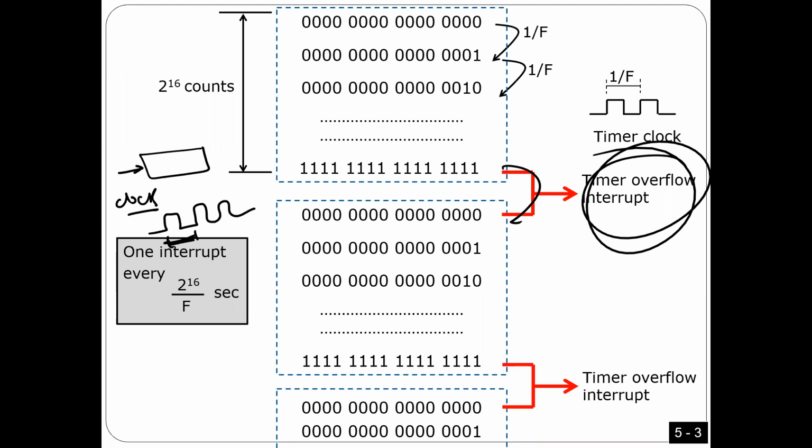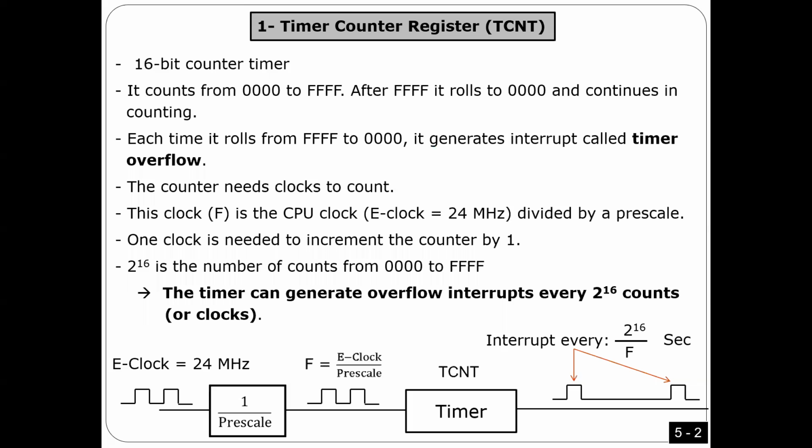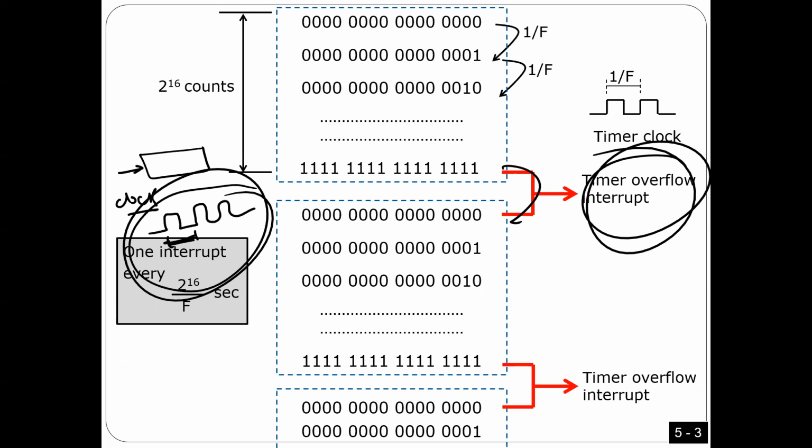Is that okay? So simply by controlling the frequency of this clock, I can control the speed of the counting. Now, let's understand. There are many questions. Number one, why do you need this counter? I'm going to explain why. Also, why do you need this overflow here?